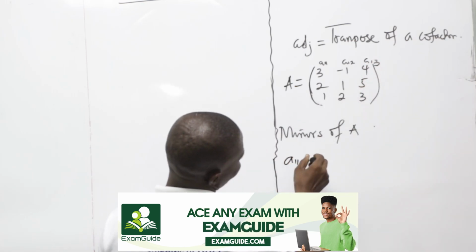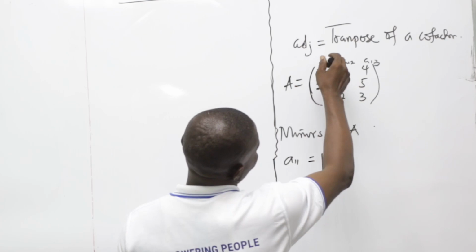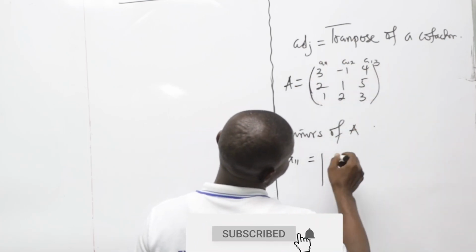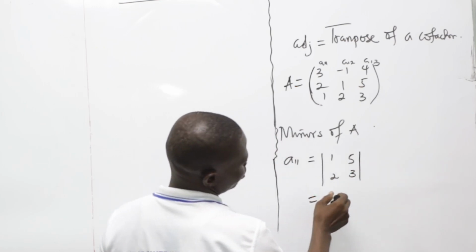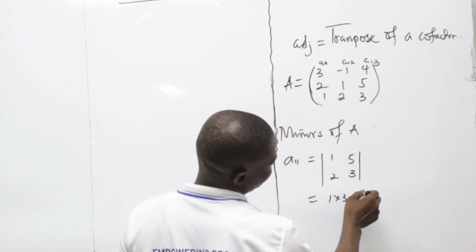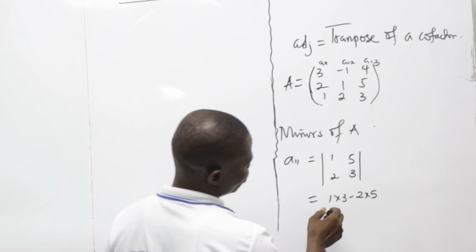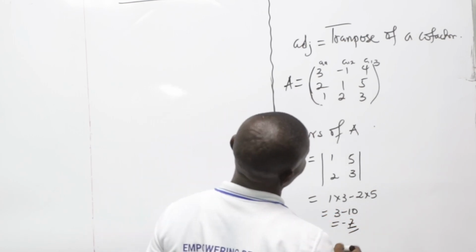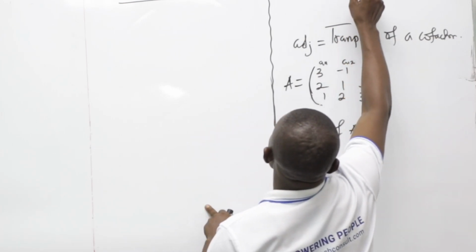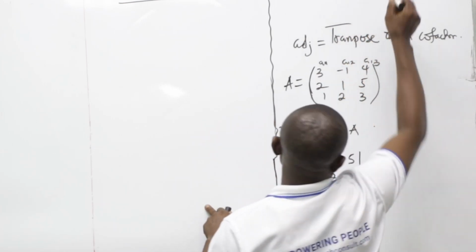So A11 equals the determinant 1, 2, 5, 3, to give us 1 times 3 minus 2 times 5. That gives 3 minus 10 equals minus 7. A11 equals minus 7.